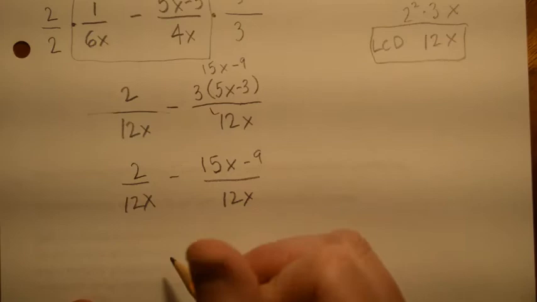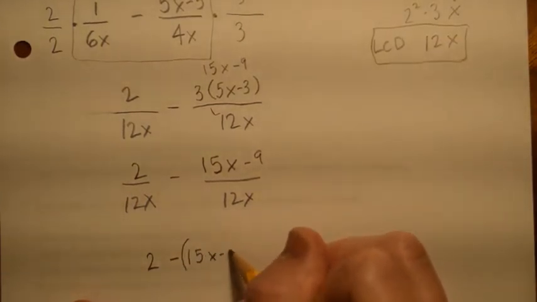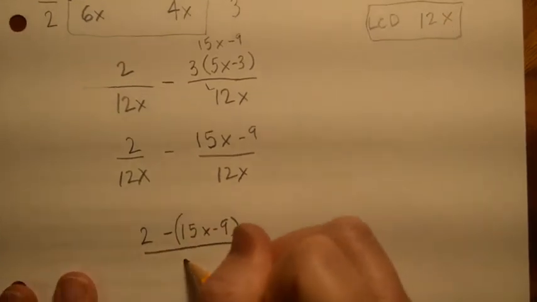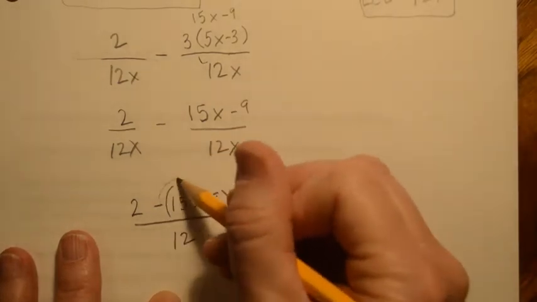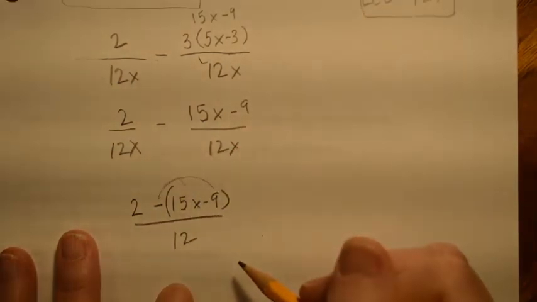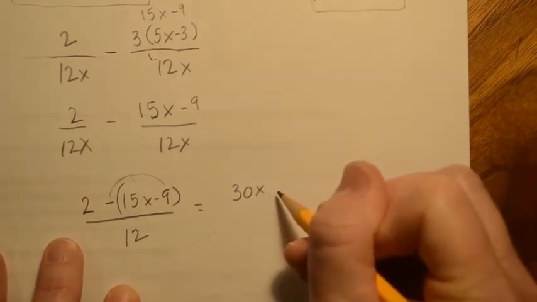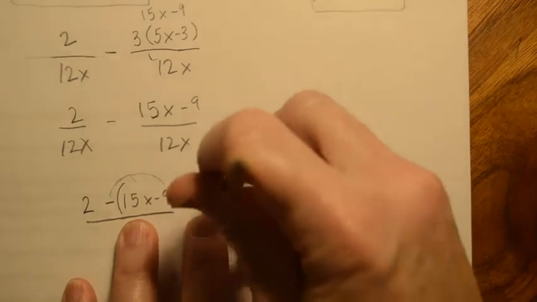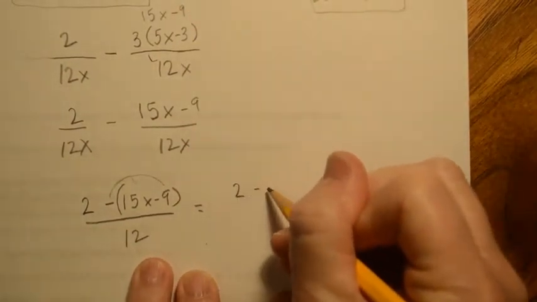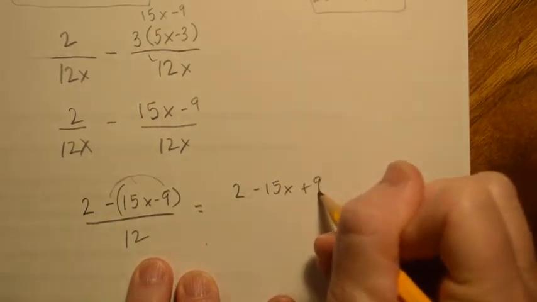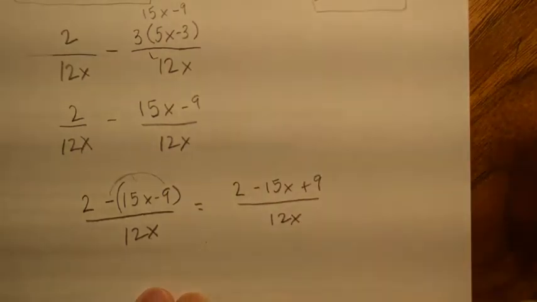So here's what I would like you to do. 2 minus parentheses 15x minus 9 over 12. And then in this step, we're going to distribute that negative through. We're going to end up with 2 minus 15x plus 9 over 12x. Getting a little sloppy here.